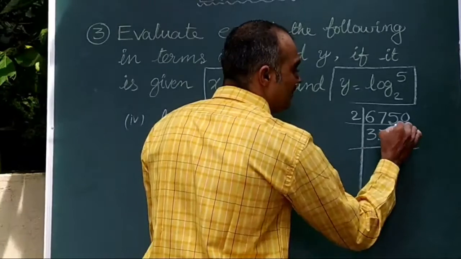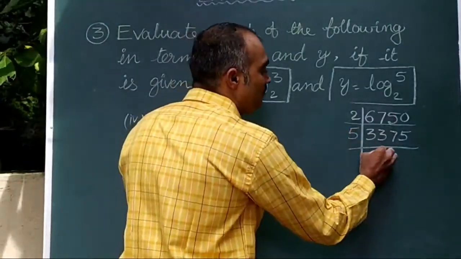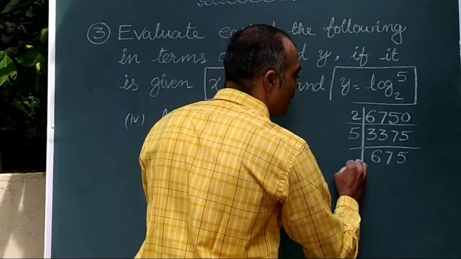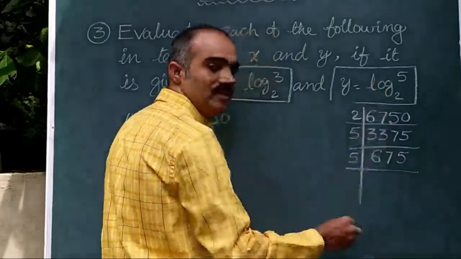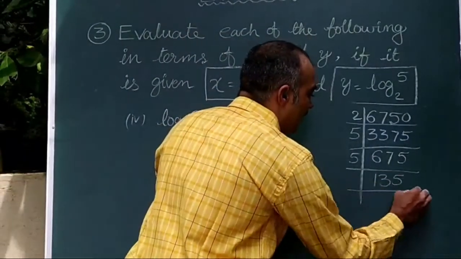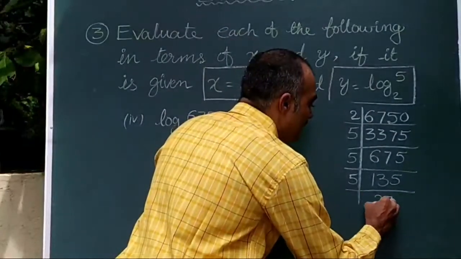Now, as it is ending with 5, by the divisibility rule we can divide with 5. 5 6s are 30, so 37, 5 7s are 35, 5 5s are 25. Again with 5, 5 13s are 65, 5 5s are 25, again with 5, 5 2s are 10, 5 7s are 35.